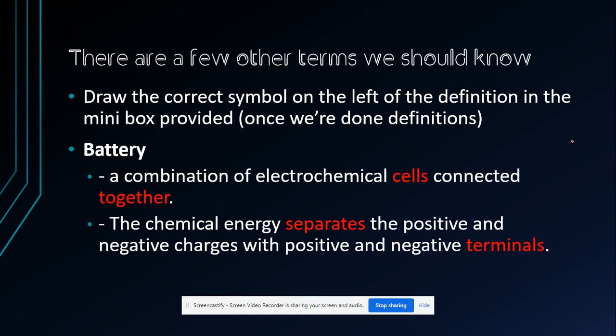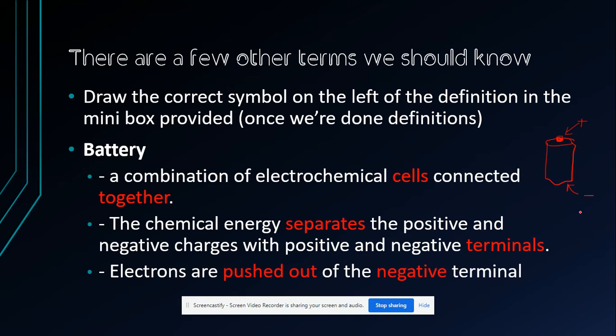What you've seen in a battery, we have our battery, and it has our positive end and our negative end, or vice versa. Electrons are pushed out of the negative end, so they always go out of the negative side. So that's a battery.